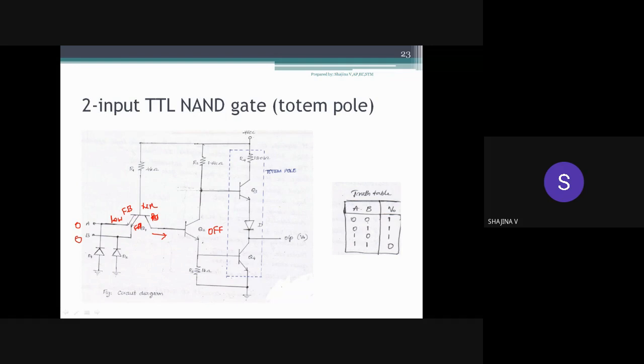So we can say when both the inputs are 0, this emitter based junction is forward biased and this collector based junction is reverse biased. So there will not be any current flow through this path. That means Q2 will turn off.